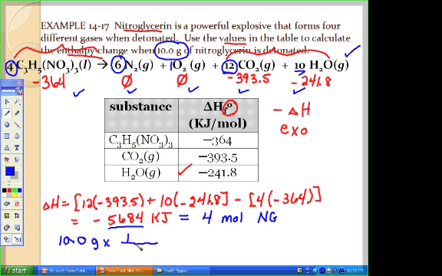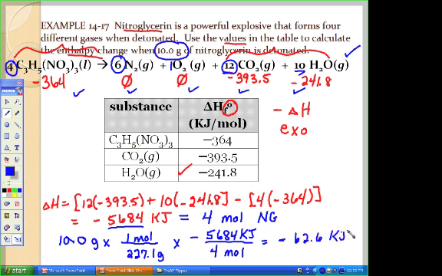I have to go 1 mole per 227.1 grams times minus 5684. So this is combining what we learned in the stoichiometry part, where we've got the conversion factors for the reaction, and that's minus 62.6 kilojoules for that process.